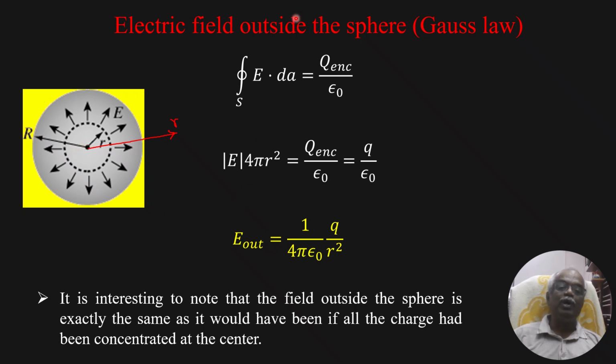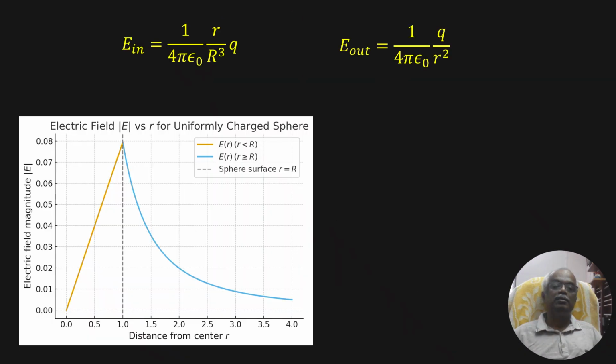Now we will move on to the next part. We have seen the electric field inside the sphere is 1 over 4 pi epsilon naught, r over capital R cubed, multiplied by Q, where Q is the total charge. Similarly, the electric field outside the sphere is 1 over 4 pi epsilon naught, Q over r squared.